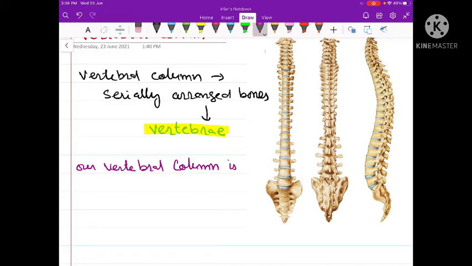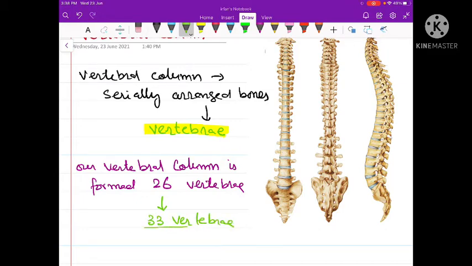And these 26 vertebrae are formed by the fusion of 33 vertebrae in the fetus. So there are 33 vertebrae, and some of these vertebrae fuse to result in 26 vertebrae in the case of adults.